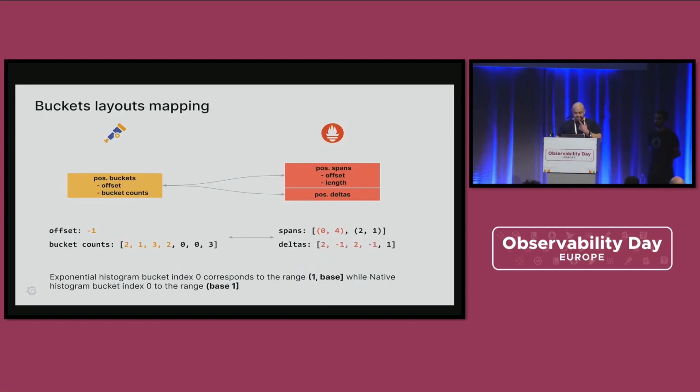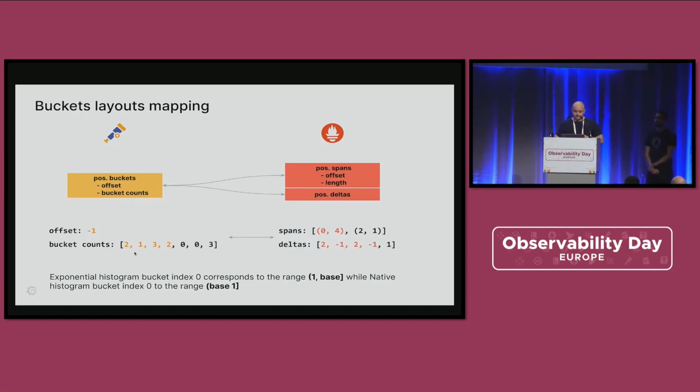So first, contiguous non-empty buckets of an exponential histogram are going to be encoded by the span of the length 4. And the absolute count values of exponential histogram are going to be encoded using the delta encoding. So we see that absolute values 2, 1, 3, 2, and the delta encoding would result in 2, -1, 2, -1. We also know that there is a difference in zero index buckets, and that native histogram offset is shifted by 1.